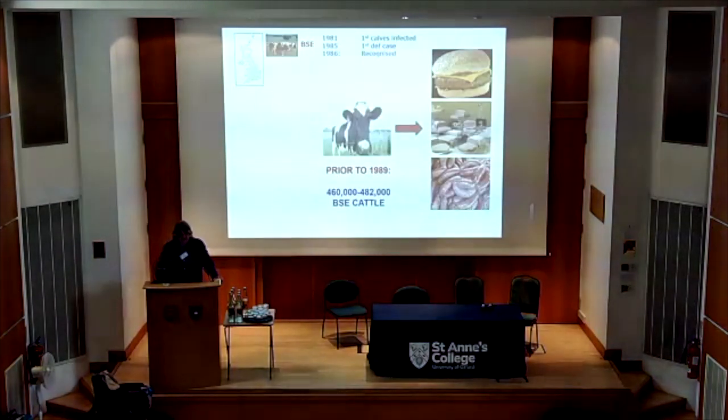So variant CJD. Well, in 1981, first calves were infected. 1985, first definite case. 1986, recognized as a real emerging disease in cattle. And prior to 1989, when certain food restrictions were put in place, probably up to 500,000 infected cattle entered the human food chain.